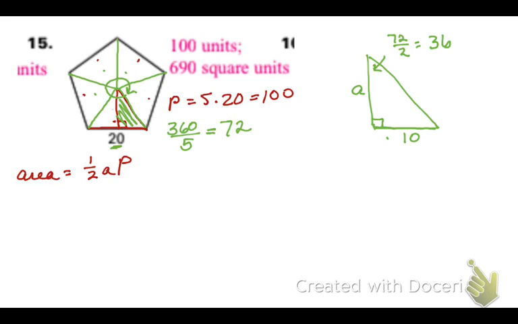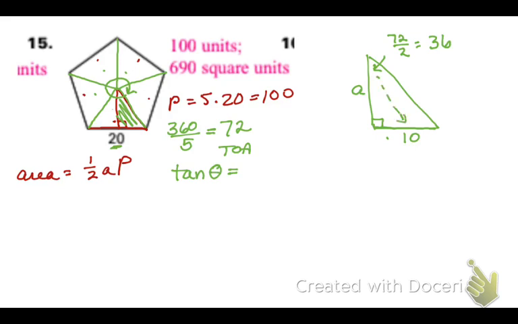So remember our tangent of theta, which in this case is going to be 36, is equal to, remember, TOA, tangent opposite over adjacent.